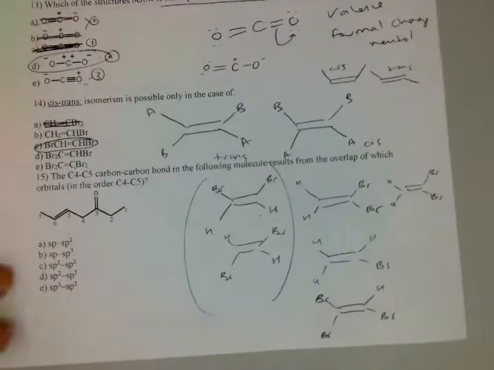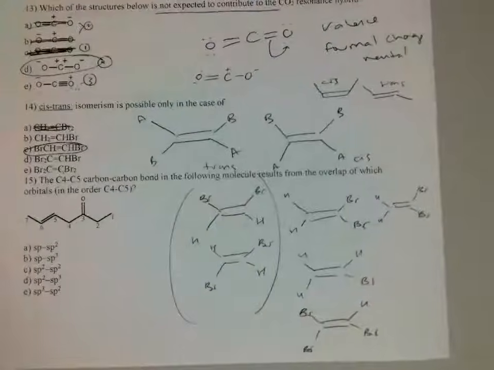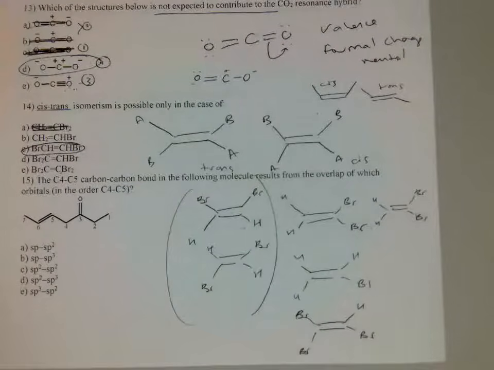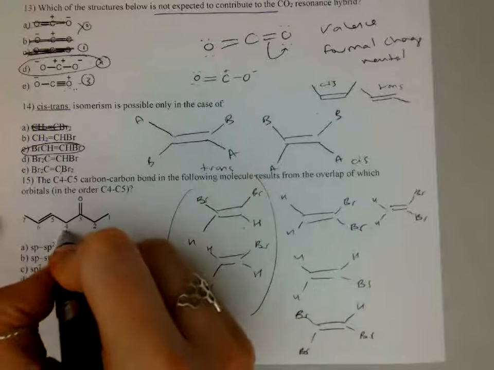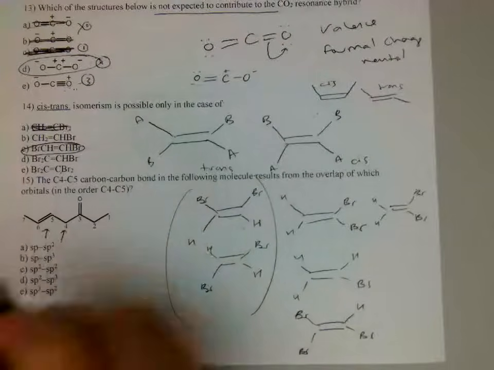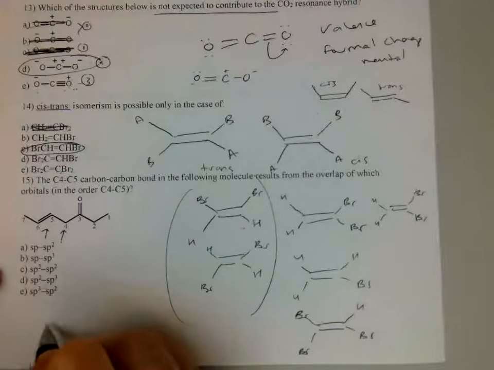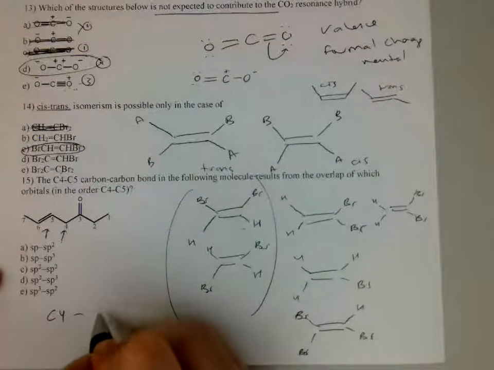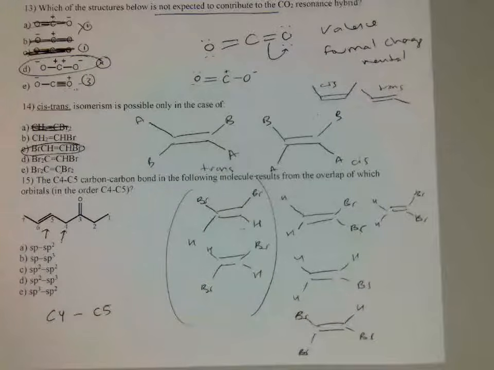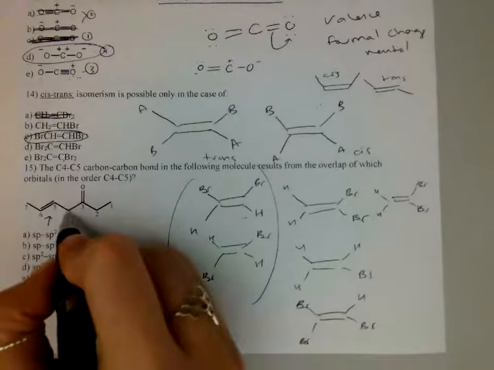Okay, so the question here, 15, is which for the C4, C5 carbon-carbon bond, what is the hybrid overlap? So it's asking what's the hybridization for C4, what's the hybridization for C5? That's all it's asking.